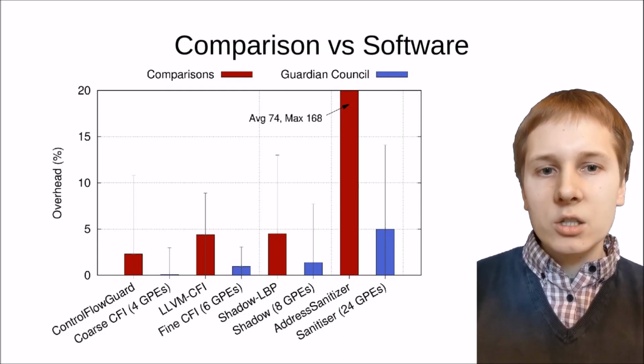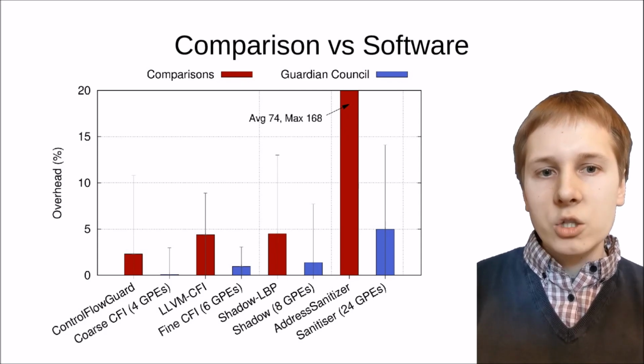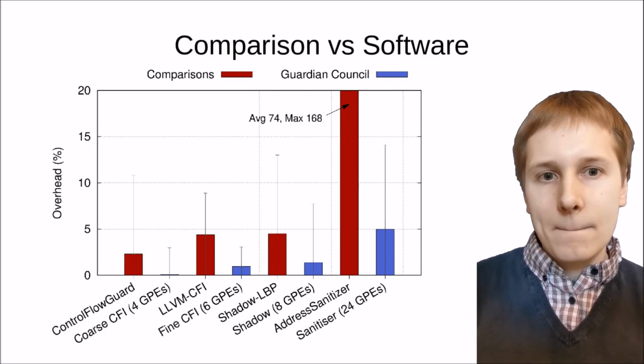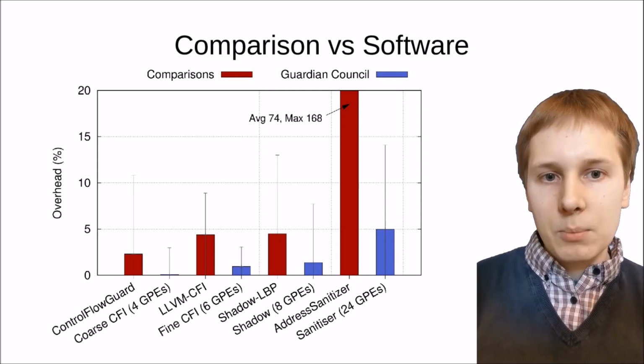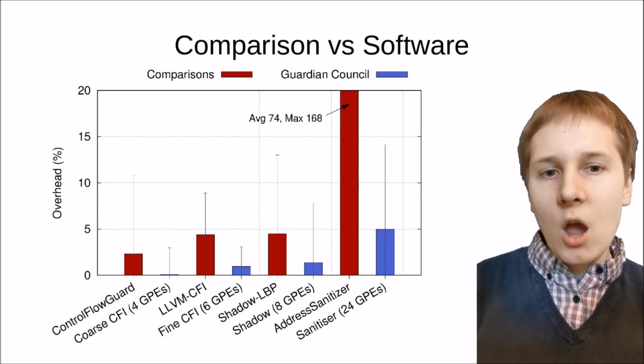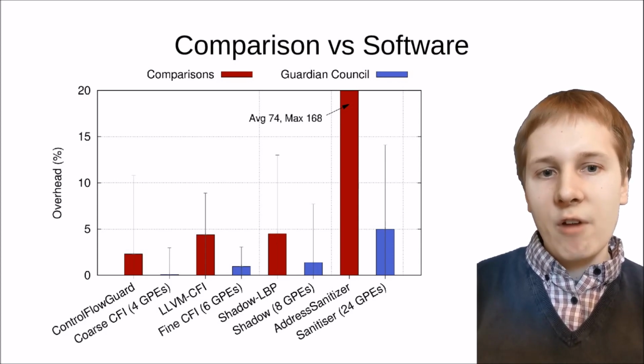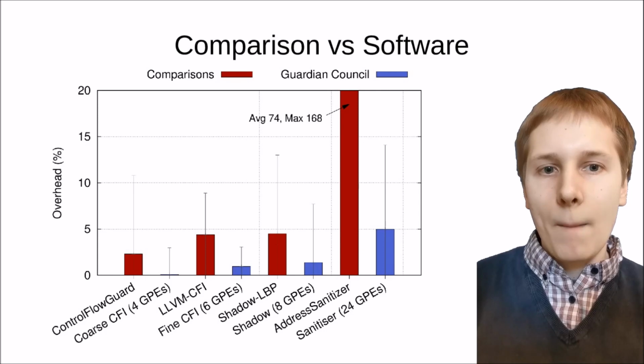You still pay some overhead with the Guardian Council in terms of performance, because you potentially use some of the main system's memory bandwidth, and potentially a Guardian kernel has to pause the main CPU very briefly because it doesn't have enough compute resources to deal with the throughput of events coming through from that main core. But the overheads are a lot lower than they are in software, which means you can add a lot more of this analysis within the 5% budget that is typical for what people are willing to pay.